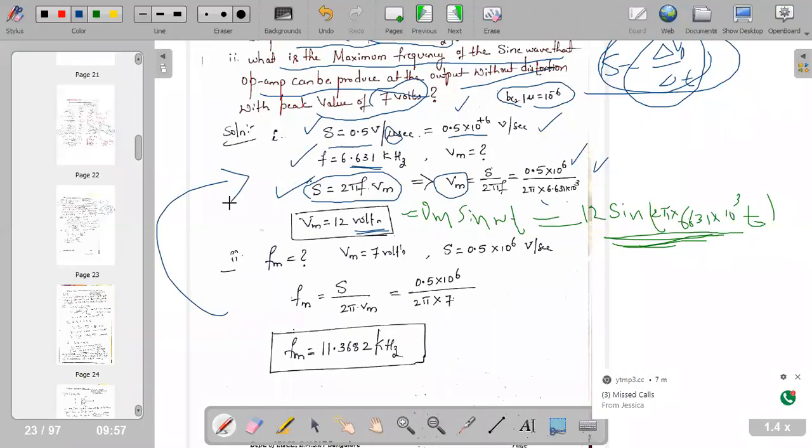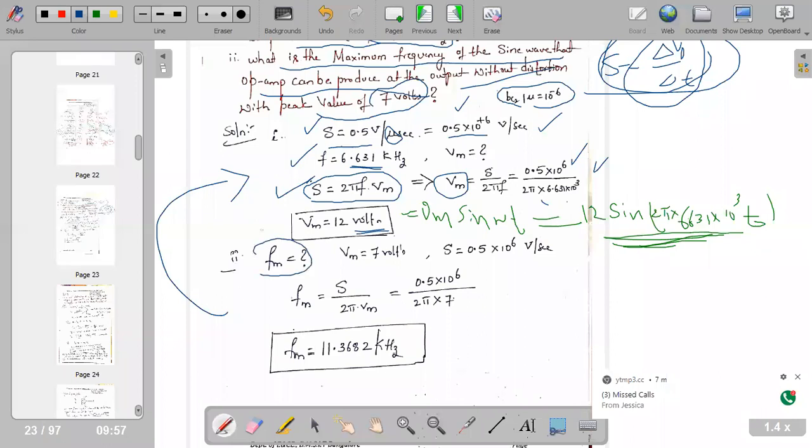In the first bit he has given the frequency and asked us to find the output peak voltage for the undistorted case. Again, here in the second bit he has given the peak voltage. We need to find the maximum undistorted frequency we can achieve. So fine.